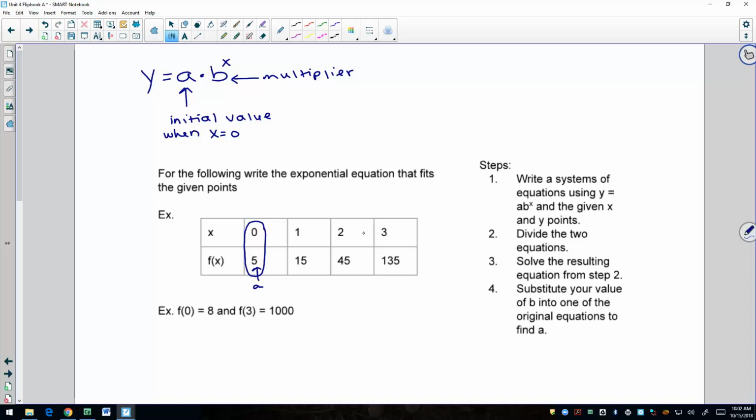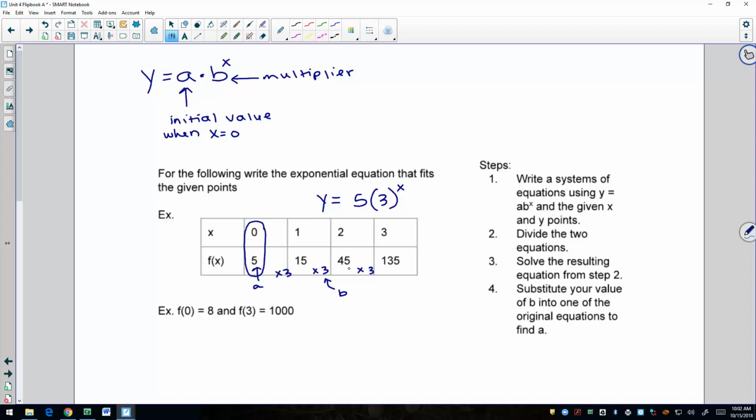The x's do go up by 1. You got to make sure that you know how much it's being multiplied for every 1. Do you agree that you would multiply every previous number by 3 to get the next one? So your b would be 3. So your equation for the first example would be y equals 5 times 3 to the x.